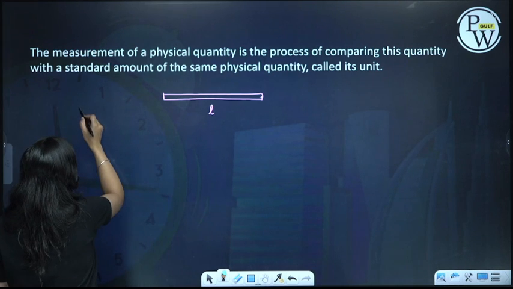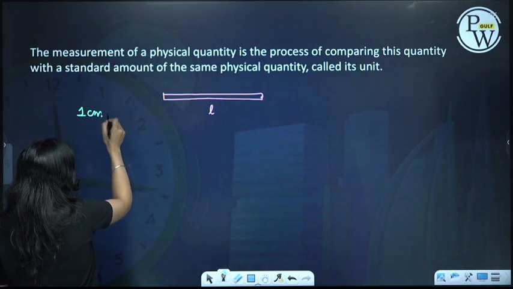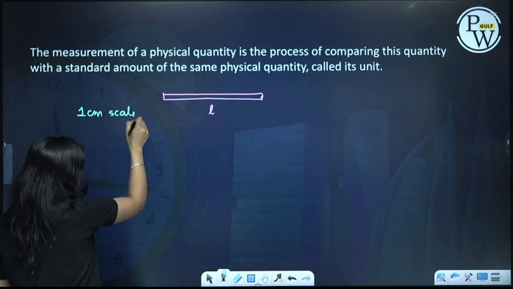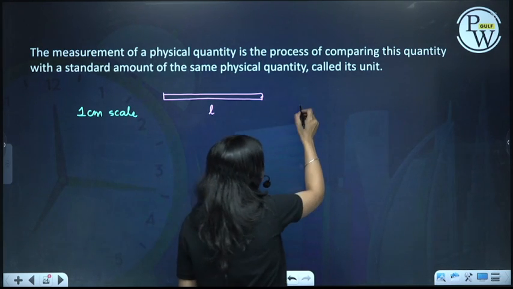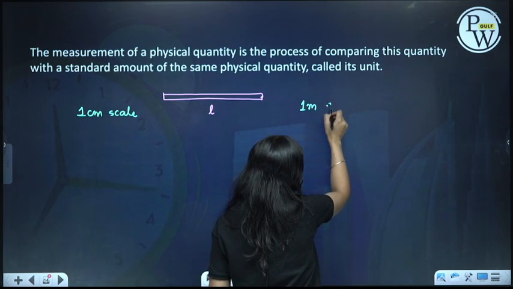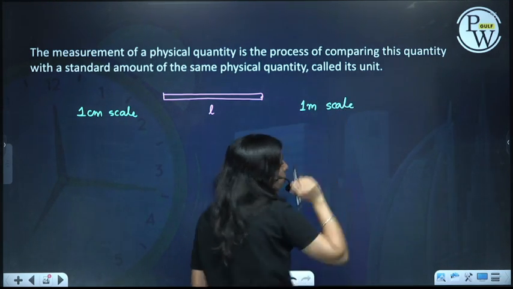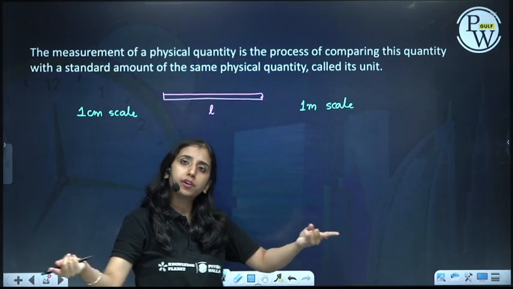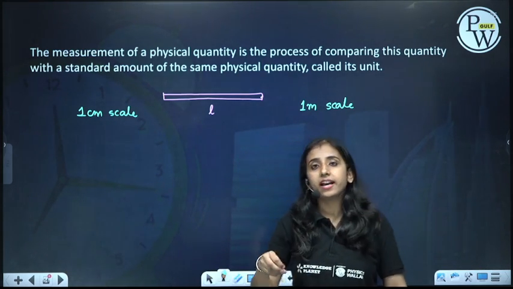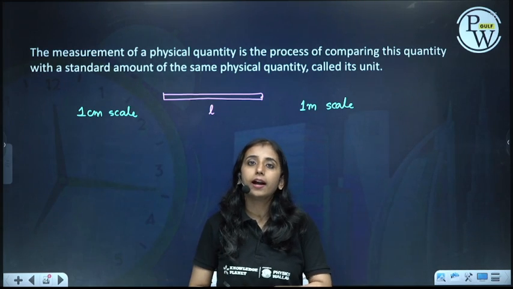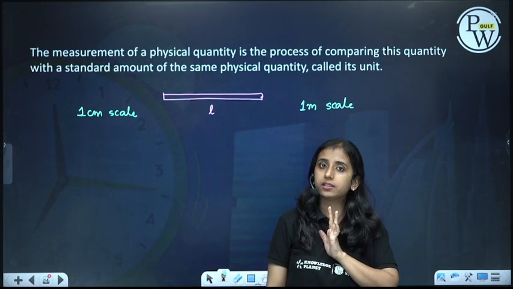So I provided a 1 centimeter scale and a 1 meter scale, to two different students. To one student I gave a 1 centimeter scale and to the other student I gave a meter scale.